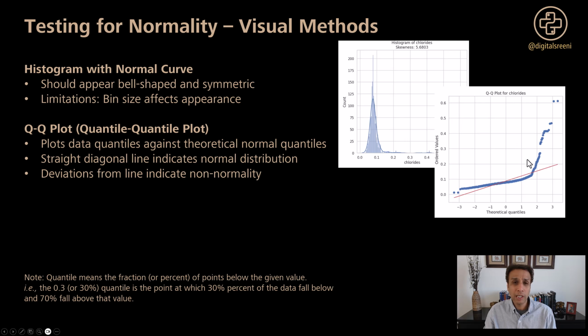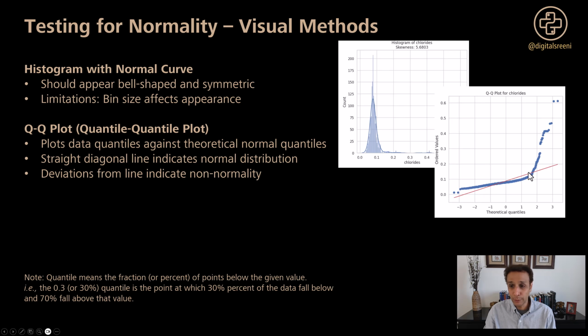So a quantile plot plots the quantiles against a theoretical normal quantile. What that means is if your data is normally distributed, a perfect bell shape, it would fall along this red line. That's the theoretical value.